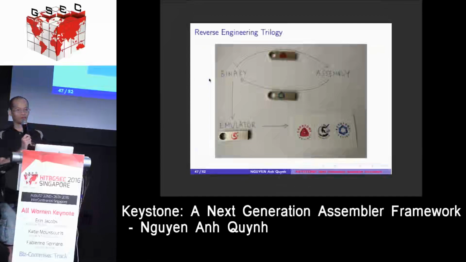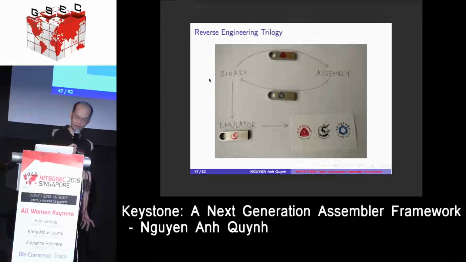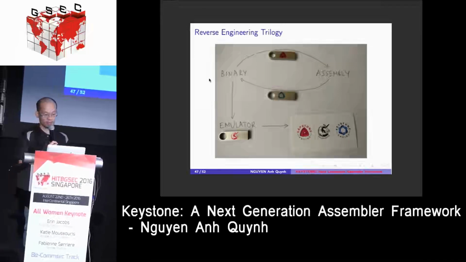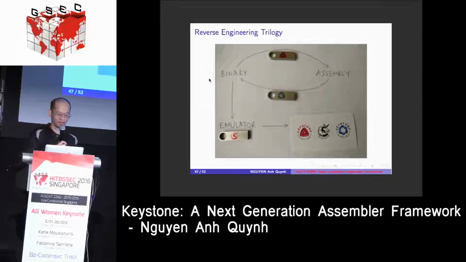Okay, so here's the full picture again. We have Capstone to reverse from binary to assembly. You have Keystone to compile assembly back to binary. So you can manipulate the binary, and the binary can be sent to an emulator to emulate it, so you can really understand what is happening inside the code.